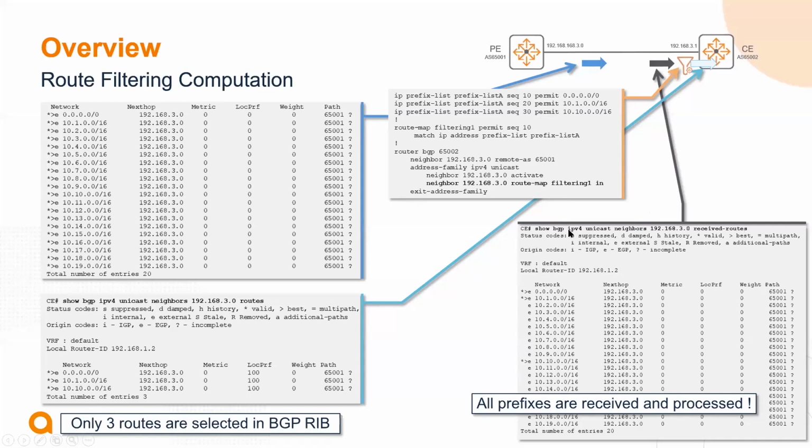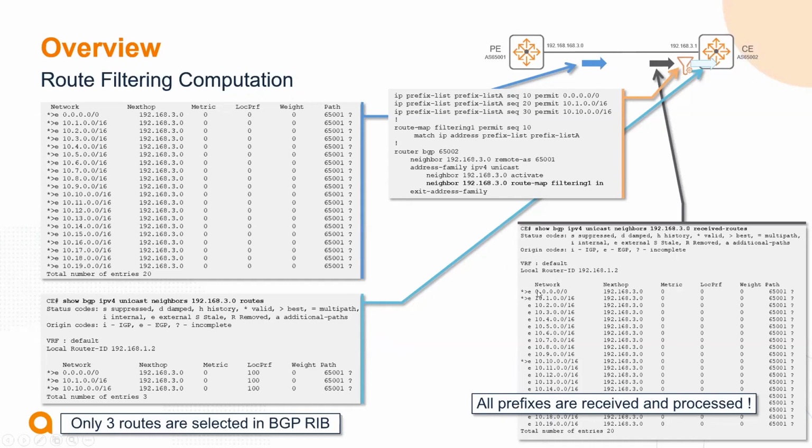When you do a show BGP IPv4 unicast neighbor, the IP of the neighbor, received routes, you will see all the routes received from the PE, and only those three that are permitted in the prefix list are actually in the BGP RIB as candidate routes for the routing table. But you see all of them here. So in order to avoid that processing, we'll have outbound route filtering.